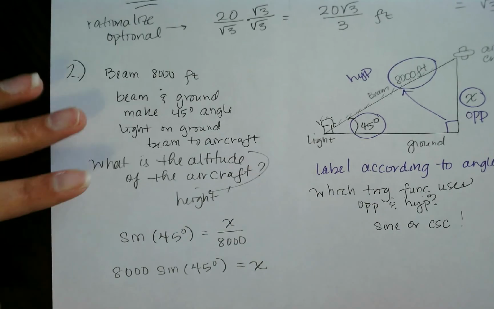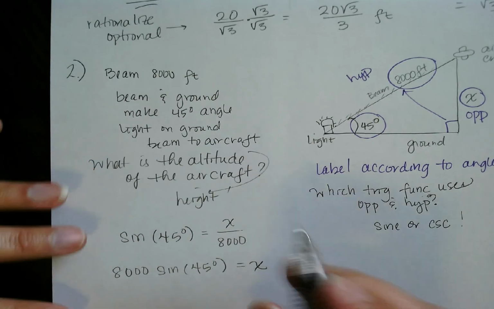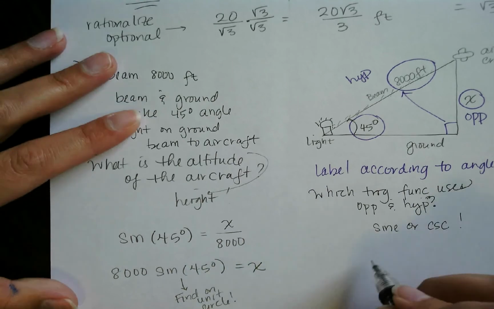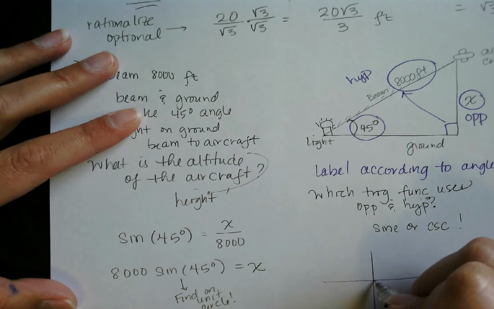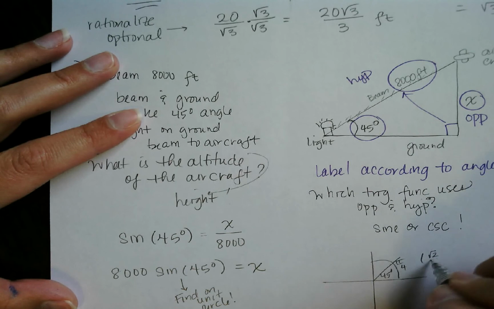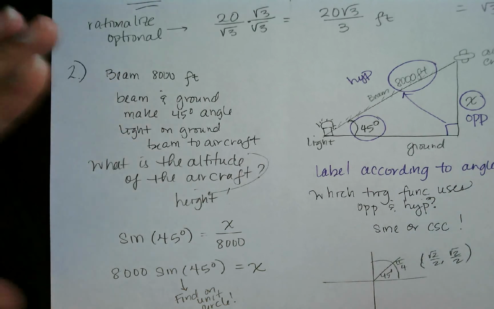There's your x, but it says to simplify completely, so we need to go find this. Find on unit circle. 45 degrees is your, what guys? Your famous one. Your pi over 4. Your sine is square root of 2 over 2.